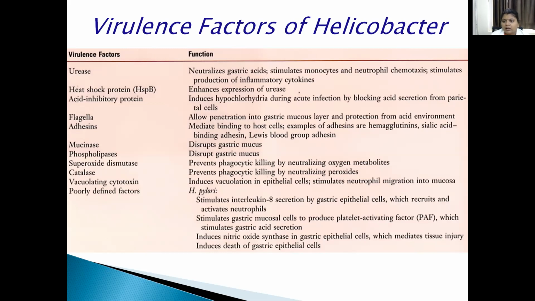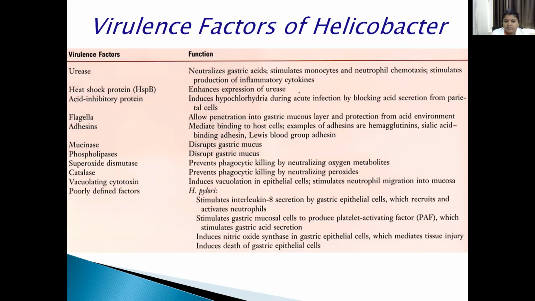Helicobacter pylori also shows genetic diversity. Some allele genes may be involved, like the CAG gene, that is, cytotoxin-associated gene, and the other one, the vacuolating cytotoxin gene. These are also responsible for the pathogenesis. So these are important virulence factor genes.